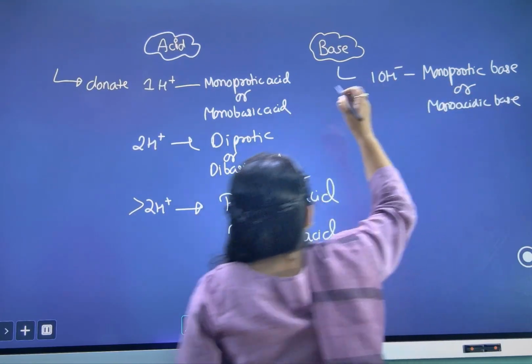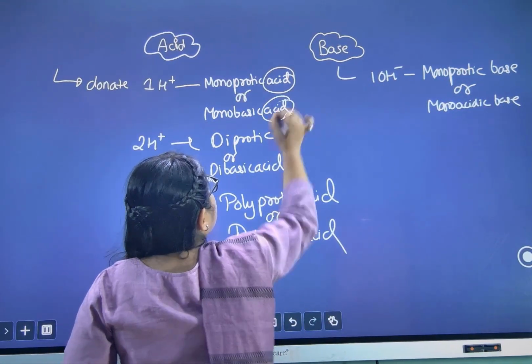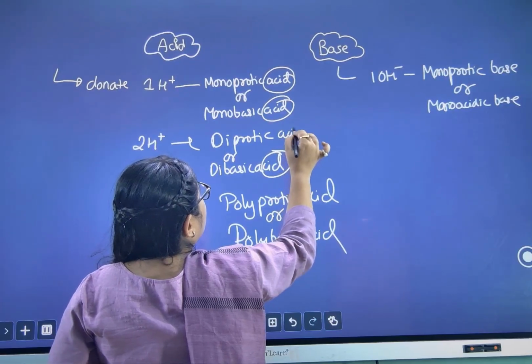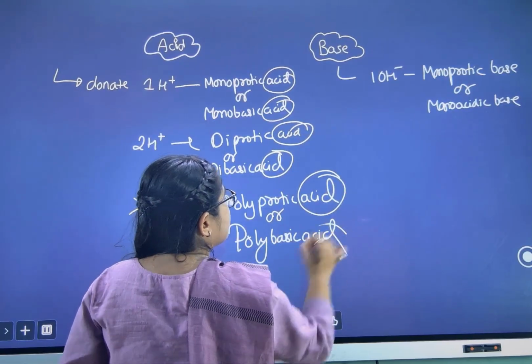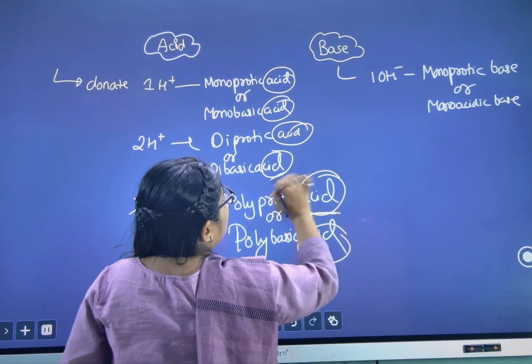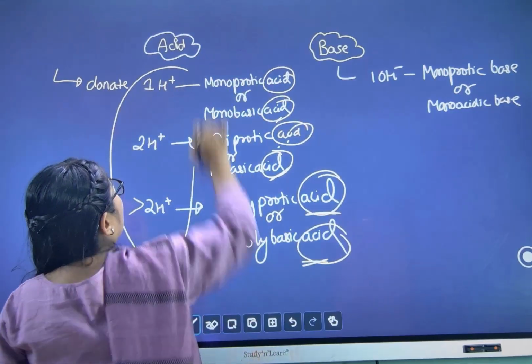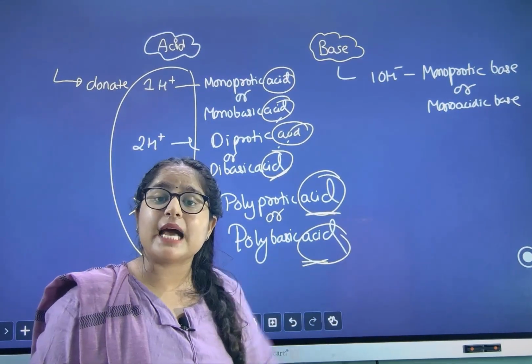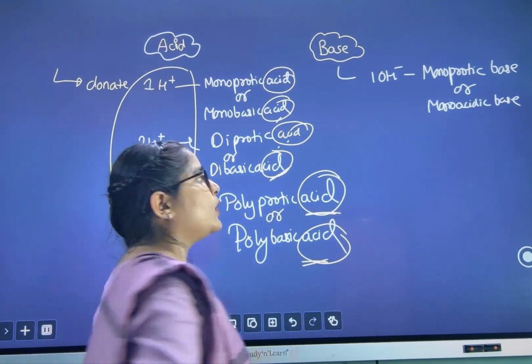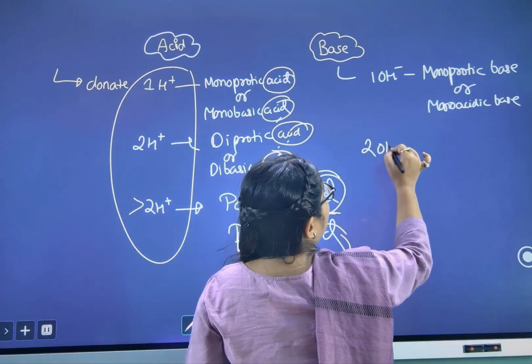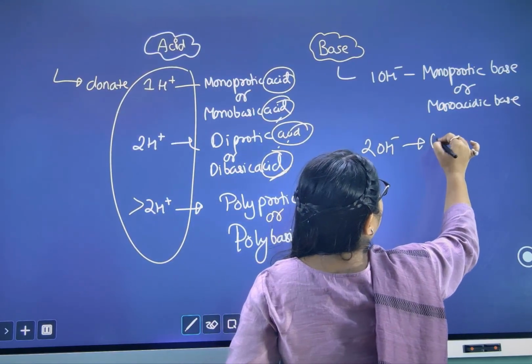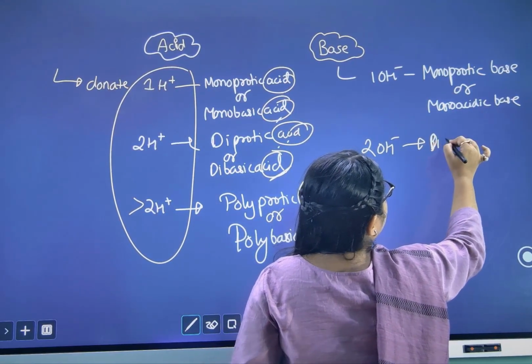So you just have to focus on the last term. If the last term is acid, it means we are talking about acid. Here, let's say for example 2OH-. What will I say here?